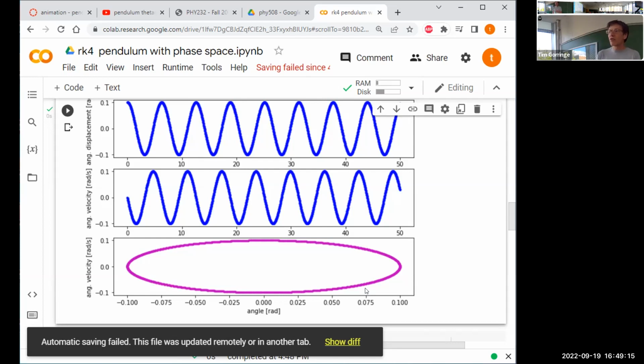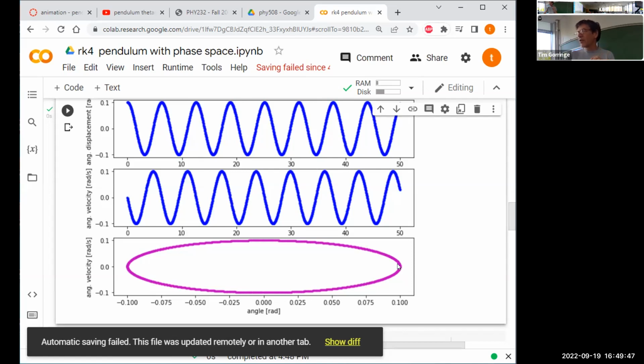So this describes the evolution of the states of the system. You'll notice this diagram has both theta and omega in it. So it describes the states of the system, but it doesn't explicitly have time in this diagram. That is a difference. If we were to watch it as a function of time, you'd see the state in phase space.